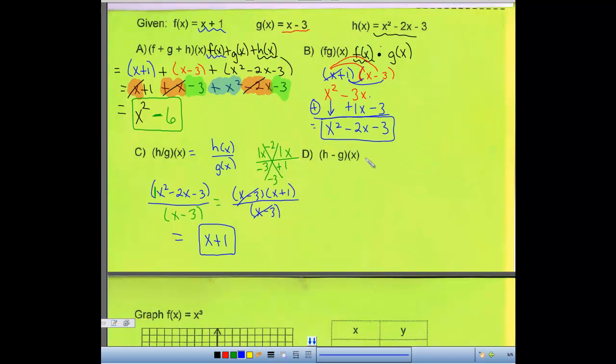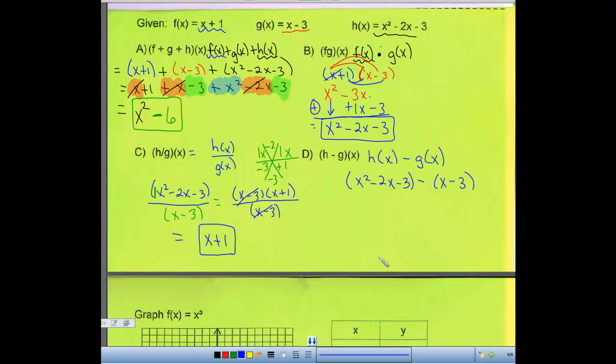Let's look at D. H minus g of x. That's the same thing as saying h of x minus g of x. Now let's replace h of x with x squared minus 2x minus 3, and let's replace g of x with x minus 3.